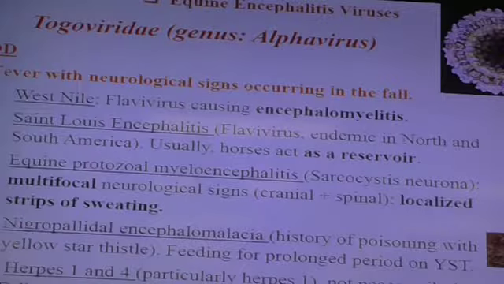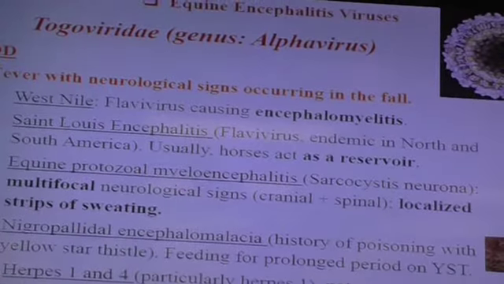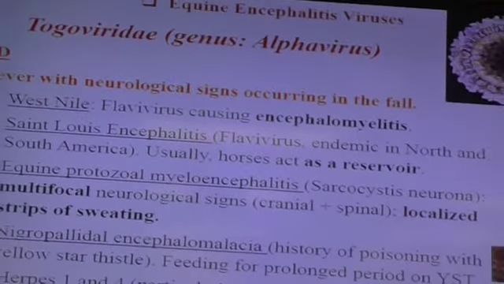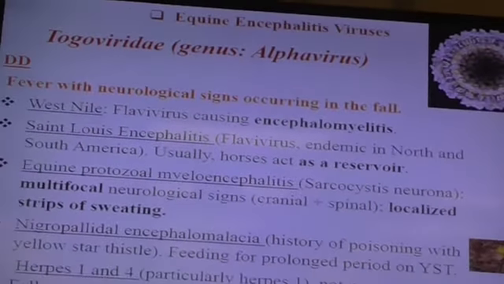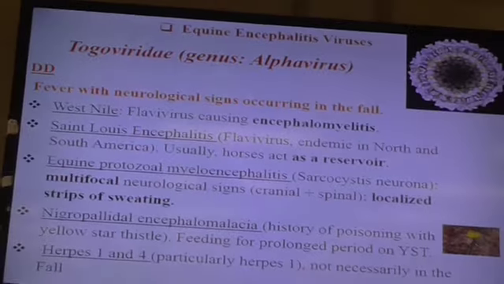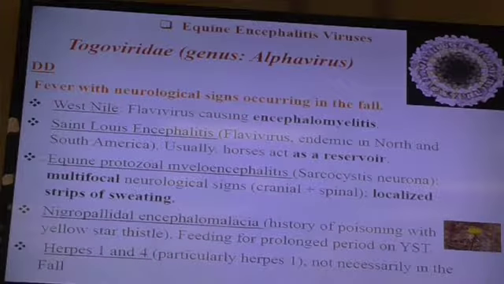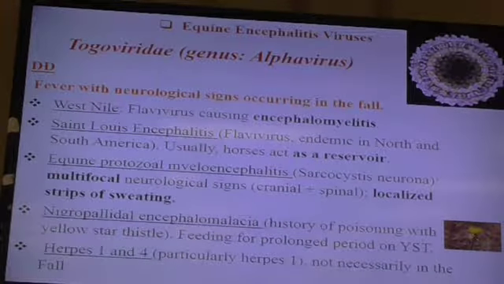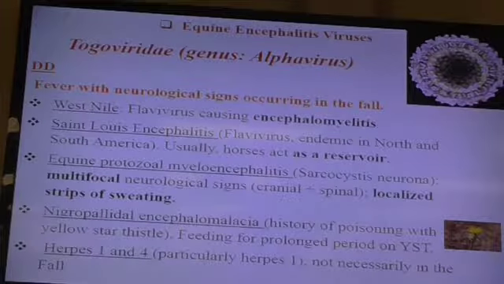Okay, so now comes the important part, differential diagnosis, because there are a number of diseases that can cause encephalitis and encephalomyelitis. First of all, the presence of fever with neurological signs occurring in the fall is characteristic of some of those diseases.